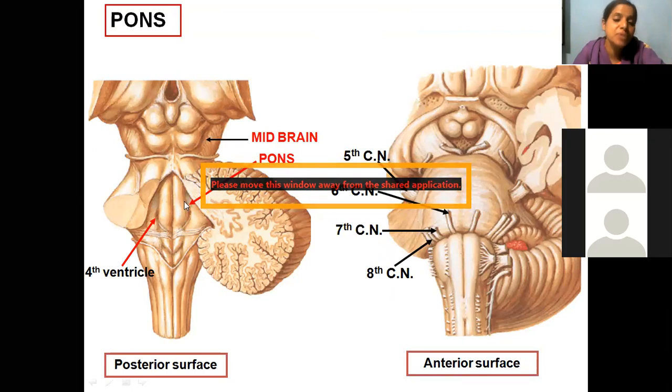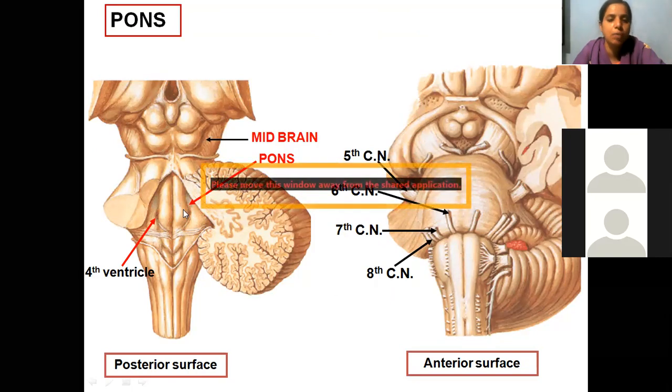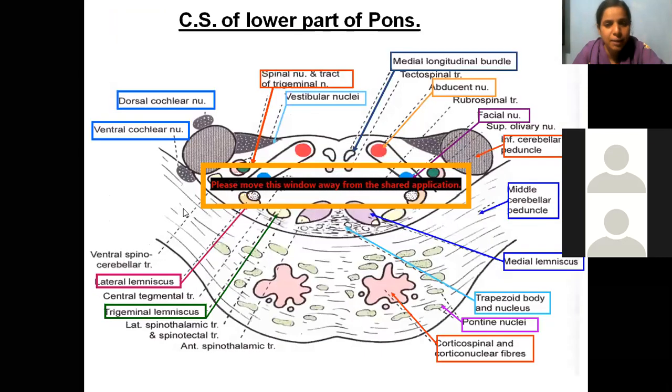It is just making a turn over the abducent nucleus and moving towards the trigeminal nerve. So this bending of the facial nerve over the abducent nucleus is causing this elevation. This elevation is facial colliculus. Is it clear?